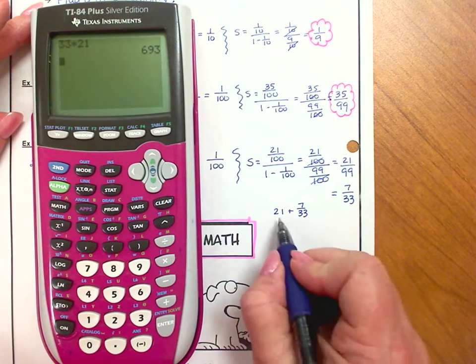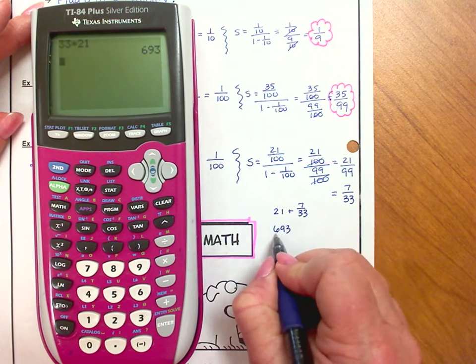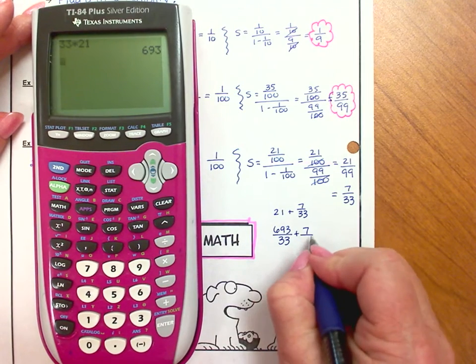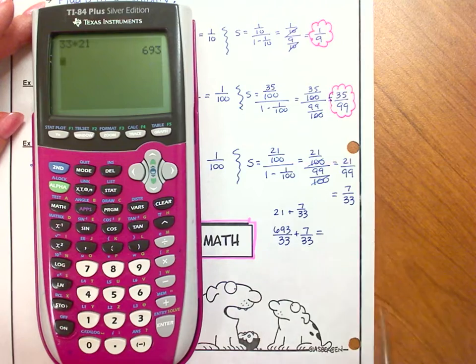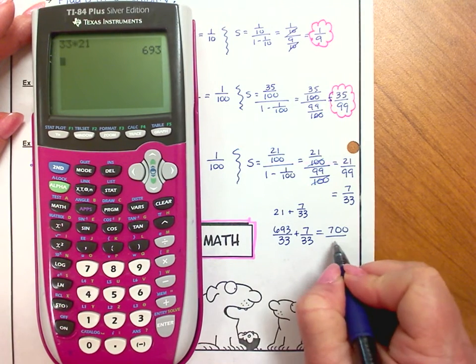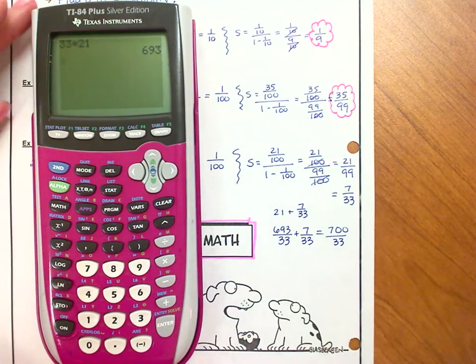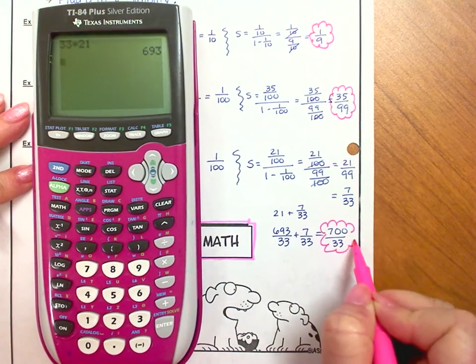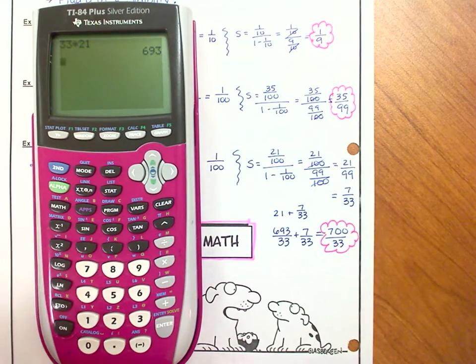So this is 693 over 33. If you reduce it, you'll get 21. Plus 7 over 33, which equals 700 over 33, which I happen to think is very cool because it turns out like that a lot of the time.